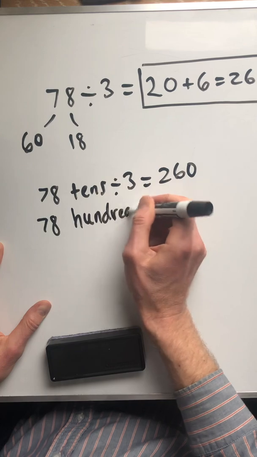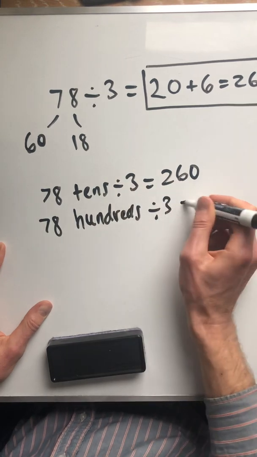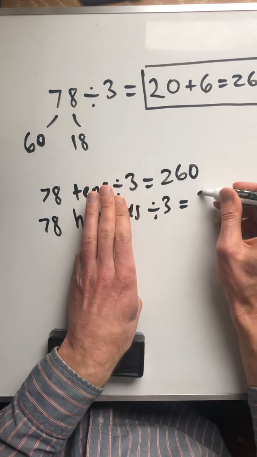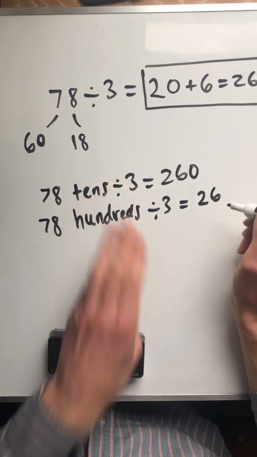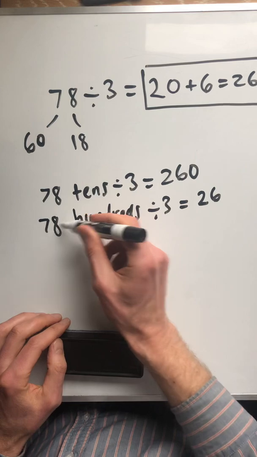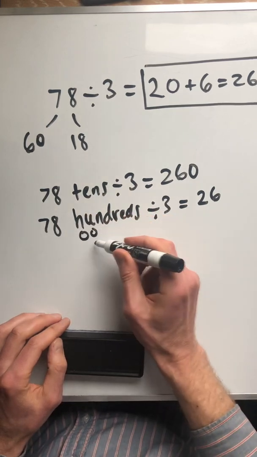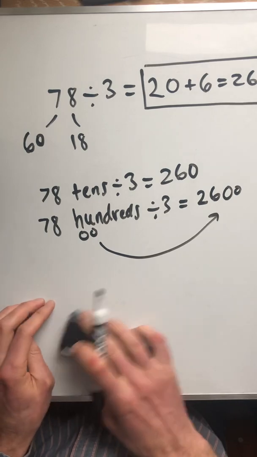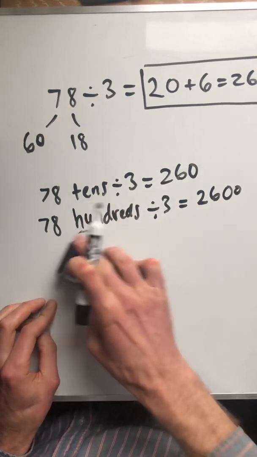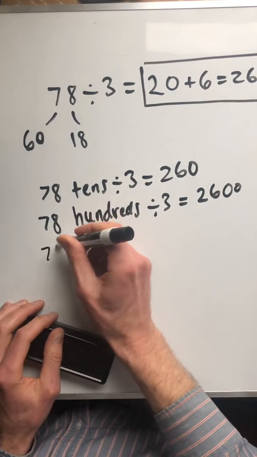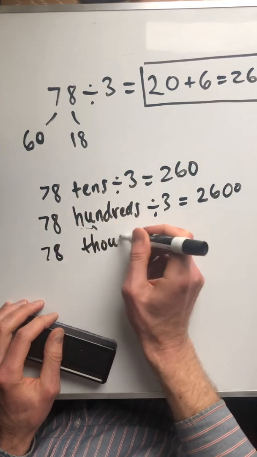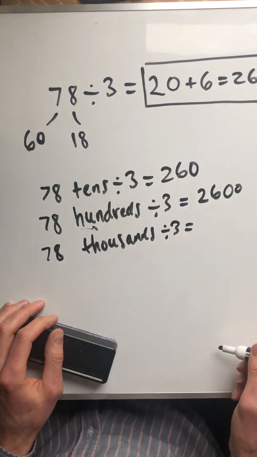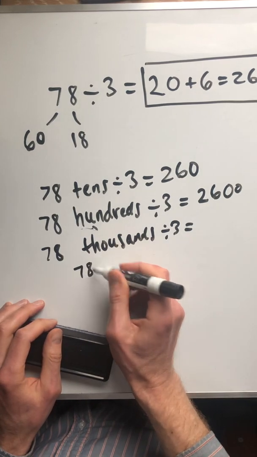Or what if it's 78 hundreds divided by 3? We already know 78 divided by 3 is 26. So just think of it as 78 hundreds means there are 2 zeros. So that's what we did in the first part, add the zeros. It's going to be 2600. And if it's 78 thousands divided by 3, think of what that looks like.